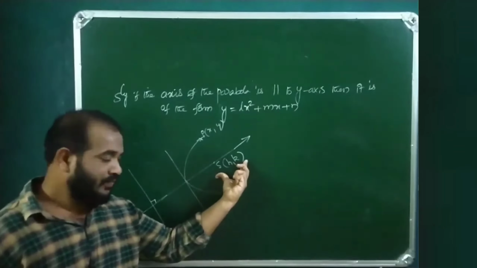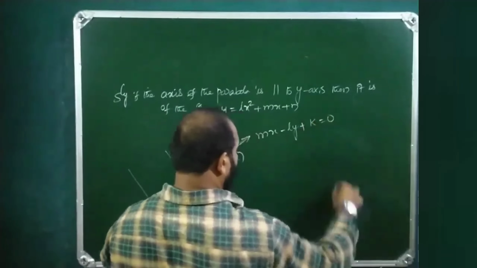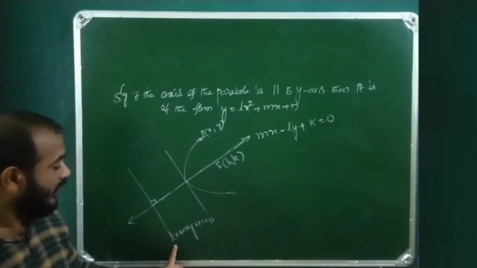To this principal axis, this line is perpendicular, therefore it is the directrix lx plus my plus n equals 0. Since the directrix and the principal axis are perpendicular to each other, the equation of the axis is of the form mx minus ly plus k equals 0. What is the line perpendicular to lx plus my plus n equals 0? It is mx minus ly plus k equals 0, which we have discussed before in the first year.